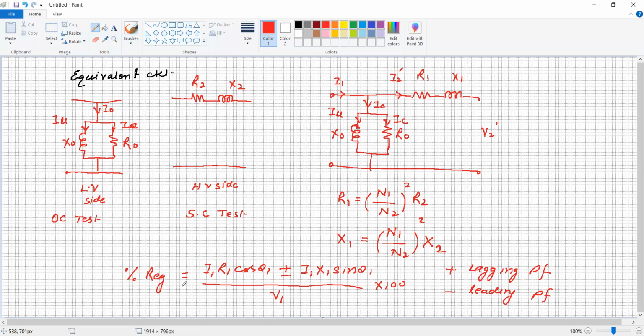Now this voltage regulation can be found when the circuit is transferred to the secondary side. Under such a condition, these are the values of inductance and resistance referred to the secondary side. So X0 dash, R0 dash are referred to the secondary side.